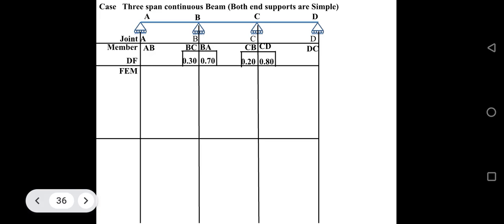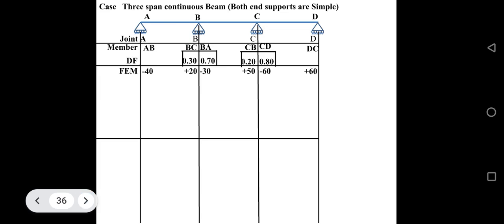Let us assume some fixed end moment values also, because our aim is just to understand how to prepare and how to solve the moment distribution table. So I have assumed randomly minus 40, plus 20, minus 30, plus 50, minus 60 and plus 60.